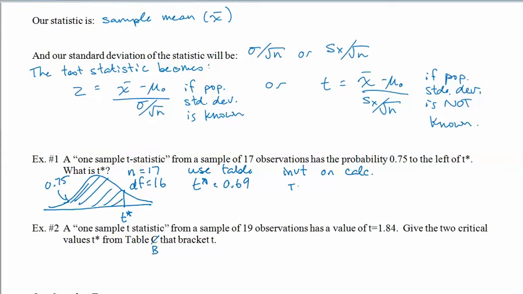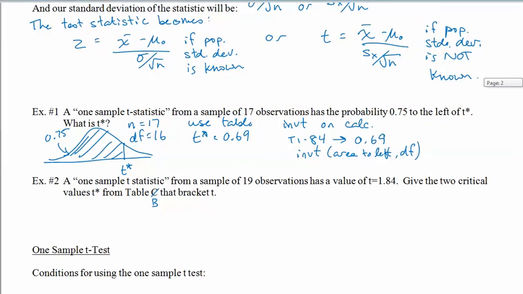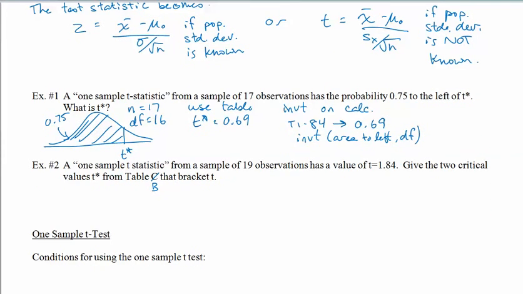So using your TI-84, you would do inverse t with the area to the left, which would be 0.75, and the degrees of freedom, which would be 16. And you should get 0.69. You should know how to use the table as well as your calculator.